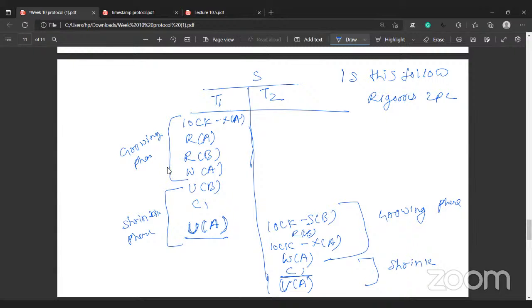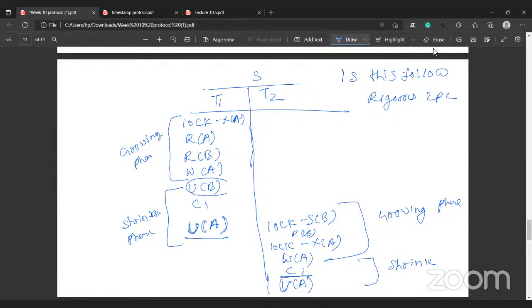Unlock B is not happening in T2. Okay, we can see that for all locks, either exclusive or share, they should be unlocked after the commit operation. We can see that it unlocked before the commit operation, so it does not follow rigorous 2PL.